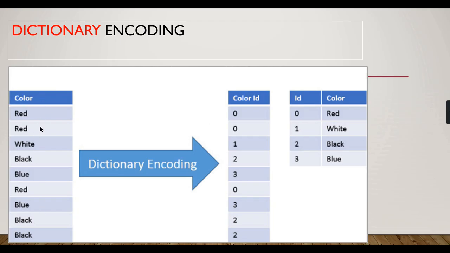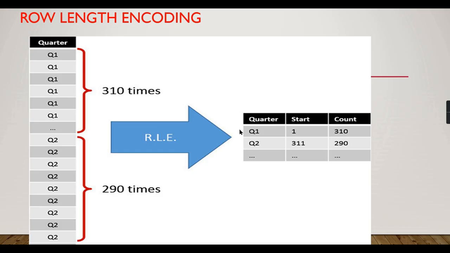First, for each column in whatever table you have, it will create dictionary columns. Like for the color column, it will create 0, 1, 2, 3 as IDs. So it will store in RAM with IDs, not the entire table with these values. So it will create a dictionary and your data will be encoded. So when you convert it, your data storage will be less. That is how it can fit into RAM. So all your data is encoded and then stored. That is one of the things you need to understand.